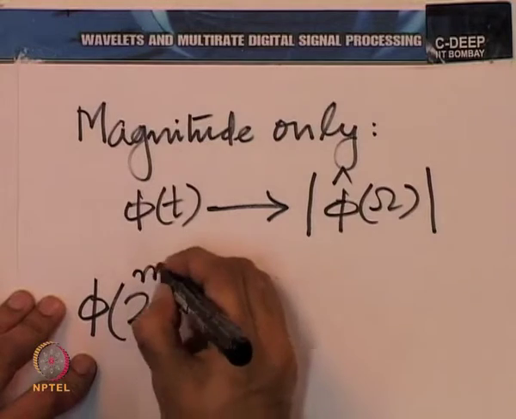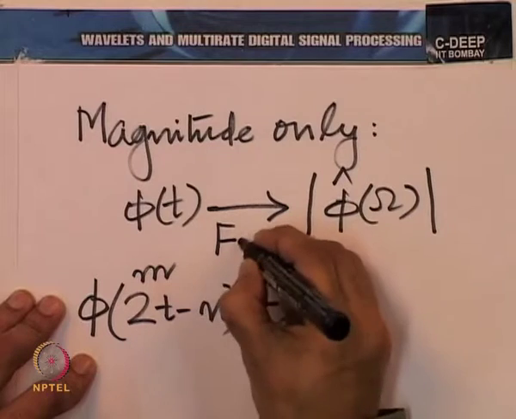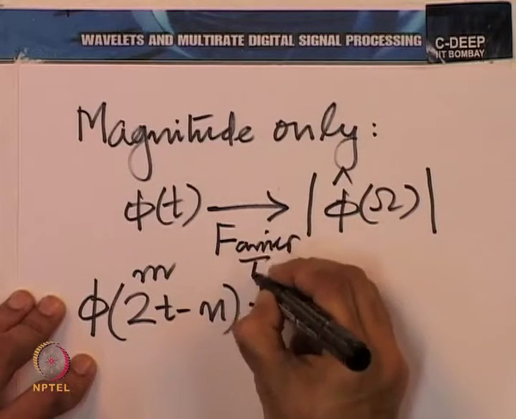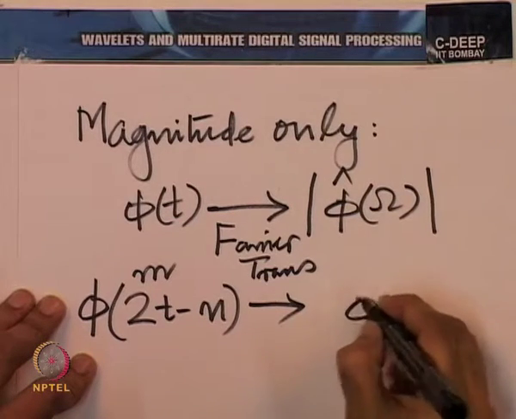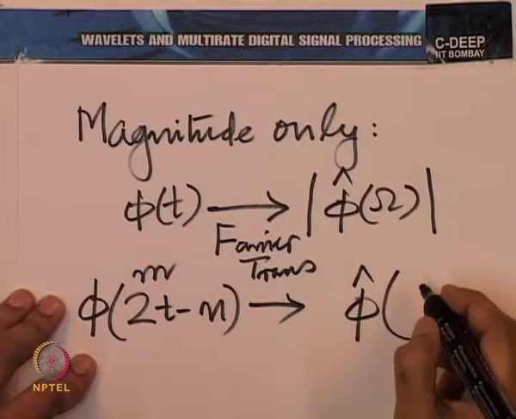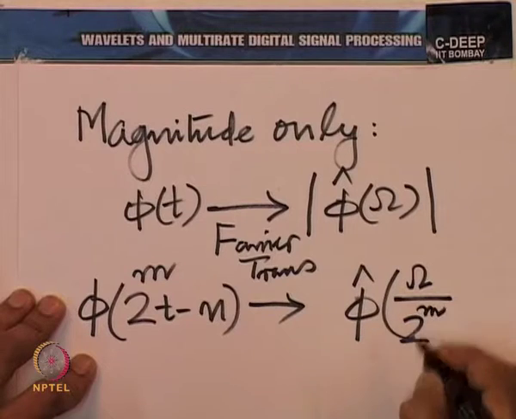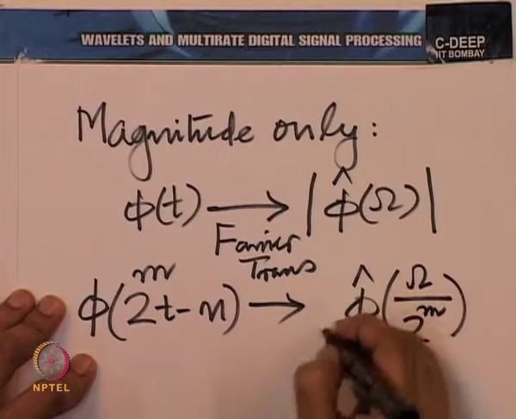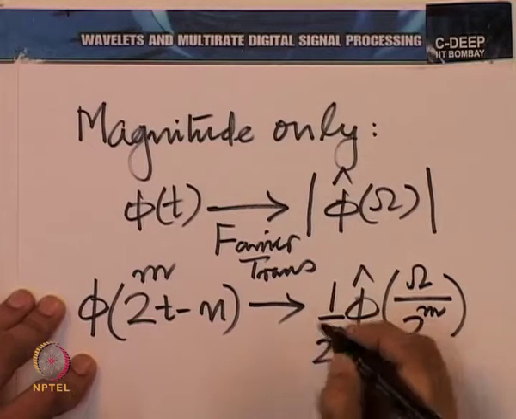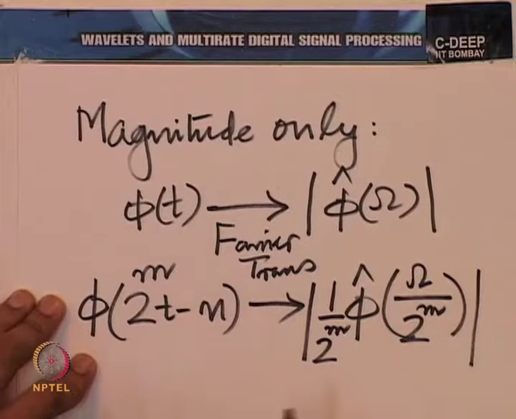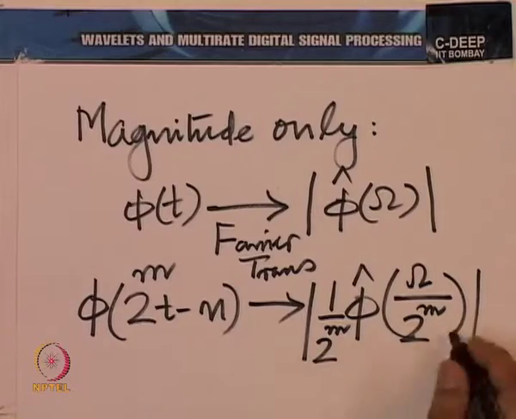Phi 2 raised to the power of m t minus n would then have a Fourier transform mod phi cap omega divided by 2 raised to the power of m, of course, with a constant. The same 2 raised to the power of m, but in the denominator here.